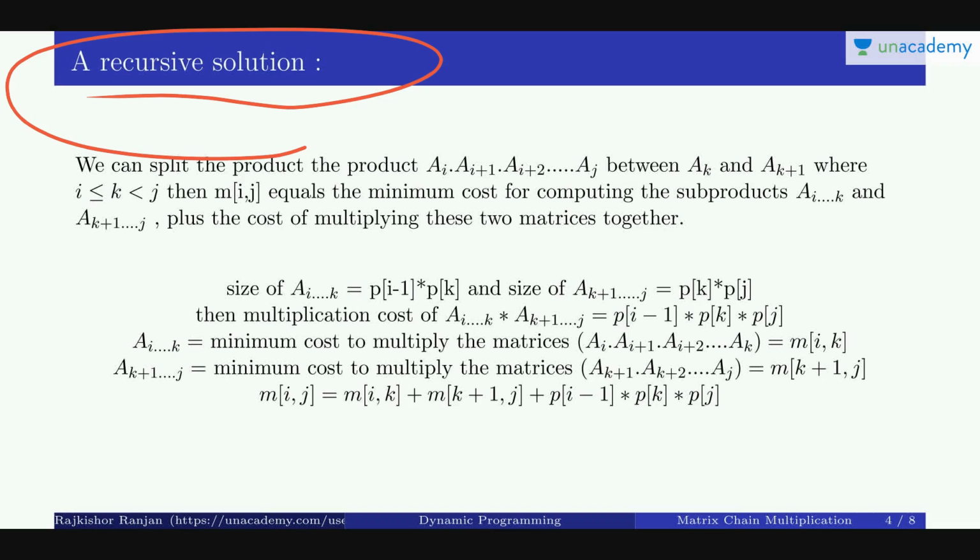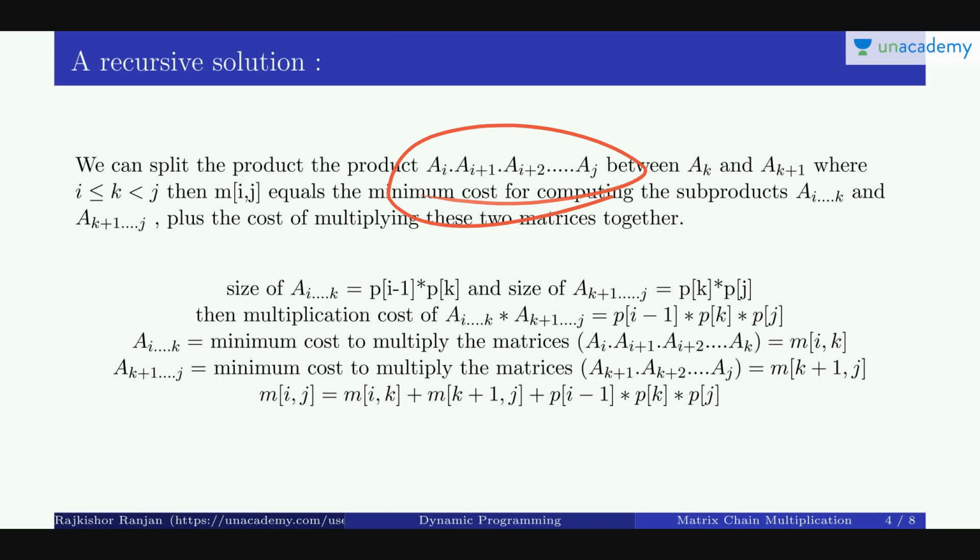If we have matrices ai to aj, that means we need to find the product of ai into a(i plus 1) into a(i plus 2) dotted into aj. Then we can split this product between matrix ak and a(k plus 1), where k lies between i to j. Then m(i,j) equals the minimum cost for computing the subproducts a(i..k) and a(k plus 1..j).